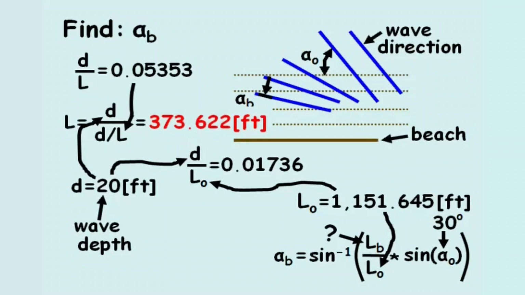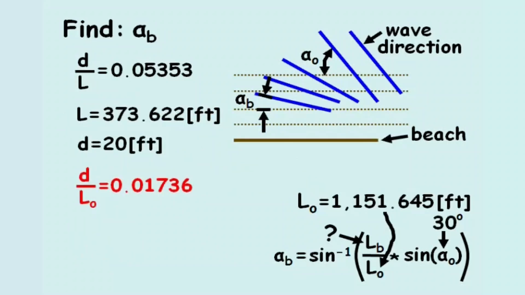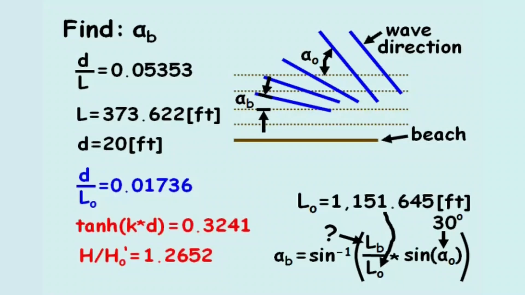Also, by knowing the value of d over L naught, we can interpolate to find the hyperbolic tangent of kd and the shoaling coefficient, h over h naught prime, where the variable h represents the actual height of the wave, ha, at the tested depth of 20 feet.